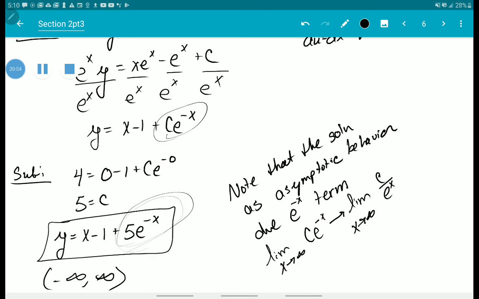So as x gets larger and larger, that denominator is getting bigger and bigger, which means that whole term is going to 0. So we call the c e to the negative x term a transient term.